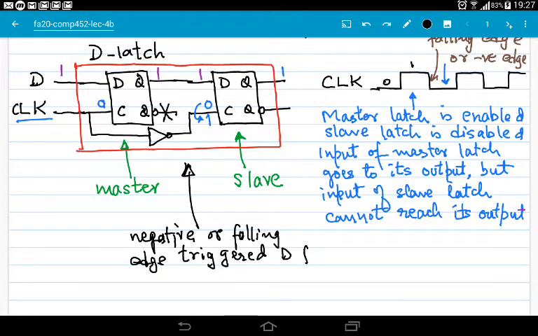And actually I'm just going to write flip-flop as FF. So it's negative edge triggered or falling edge triggered. Negative edge triggered is more common. So negative edge triggered flip-flop. Okay.